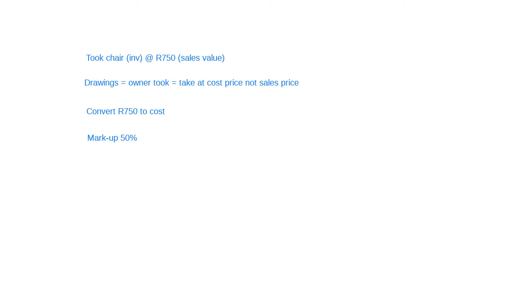But we also said that 750 is inclusive of VAT. Because it's for drawings, you will not be able to claim the input VAT on it, because it's for personal use. So you will not take the VAT out. You will actually leave the VAT in. So the cost would be 500 Rand. So for drawings, you leave the VAT in.